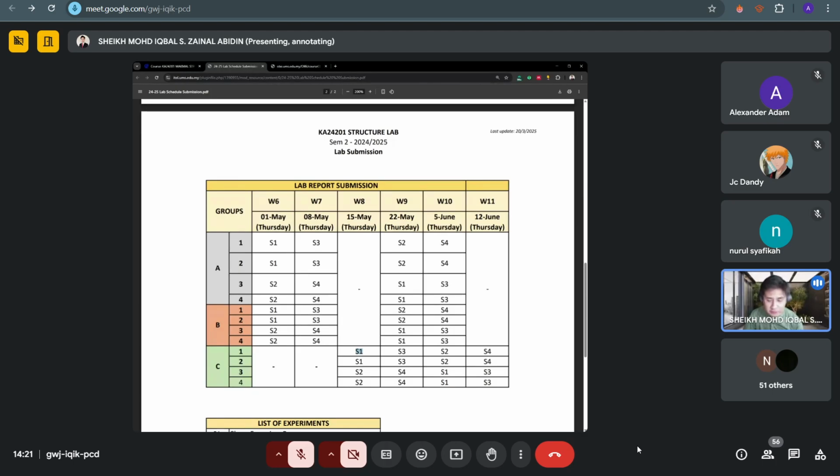Another word of advice for the lab report submission: please do not leave it to the last minute, because you only have about a 1 week gap to do the lab report. After you finish your lab on Thursday, the next lab will be next week, Thursday. That day is also when you need to submit your next lab report.